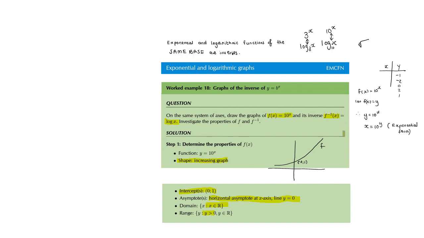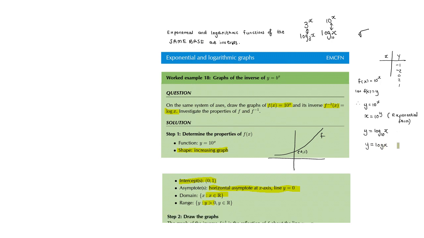Once you have the exponential form, you then change to log form in order to make y the subject of the formula. We'll have that y equals log base 10 of x. And remember, we don't write the base 10, so we can just write this as y equals log of x. So that's how they determined that equation.